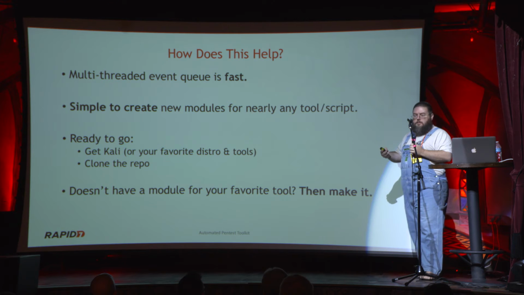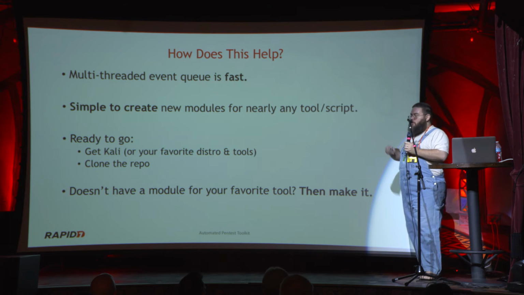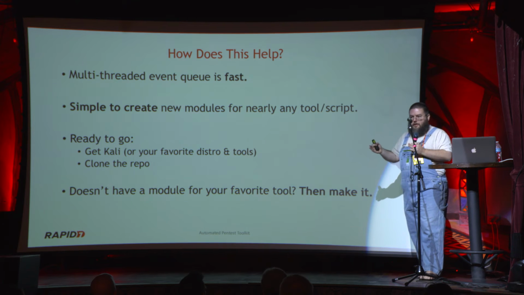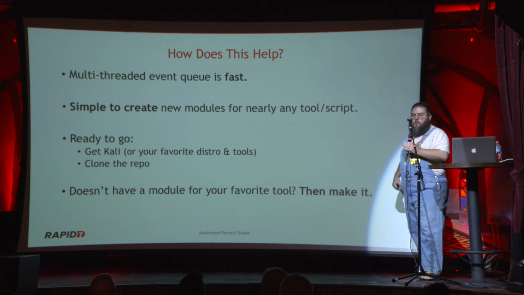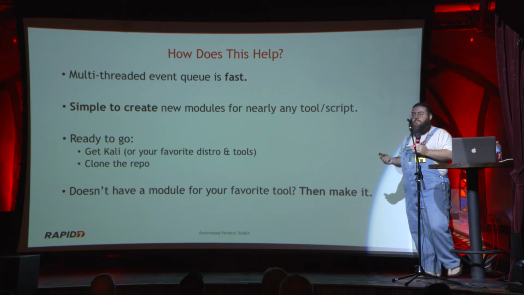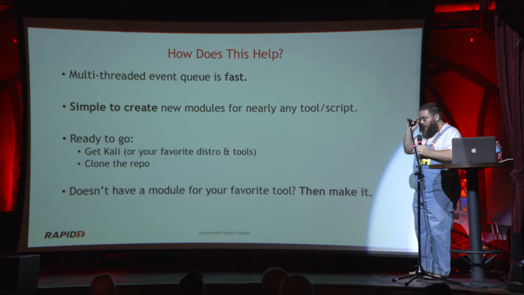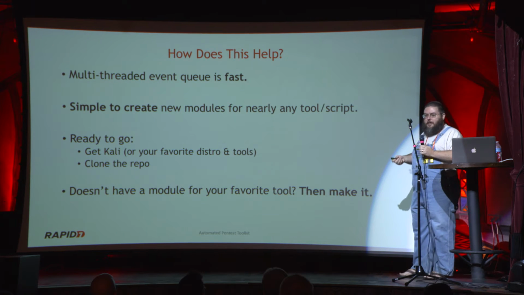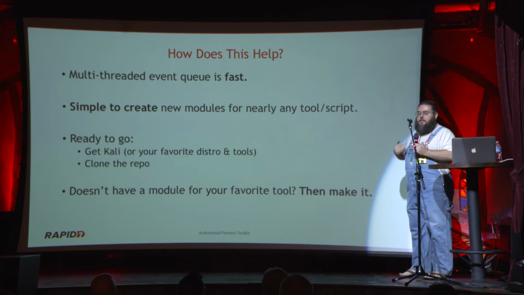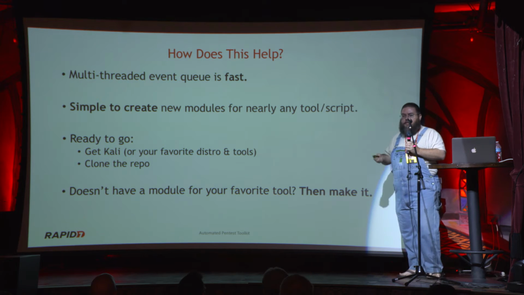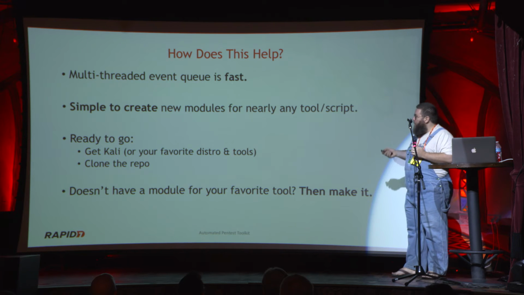And if those commands aren't available in the system, it outputs a command output saying, sorry, I cannot run because this tool is not here. Then it just moves on to the next module and continues on. It's fairly fault tolerant in that way. But to get full functionality, you'll want to look for those kinds of outputs and then add those tools into your distro of choice so that you can have full functionality.